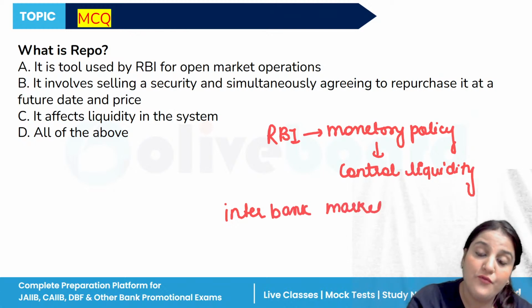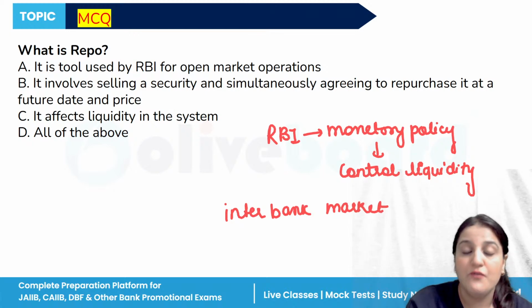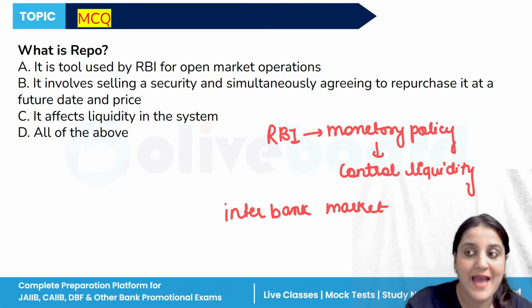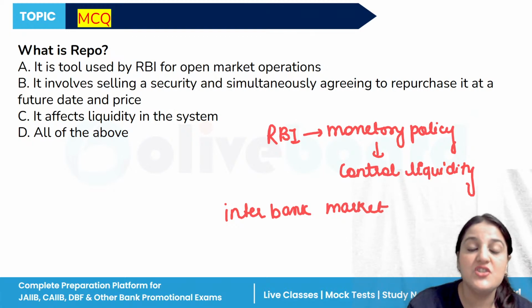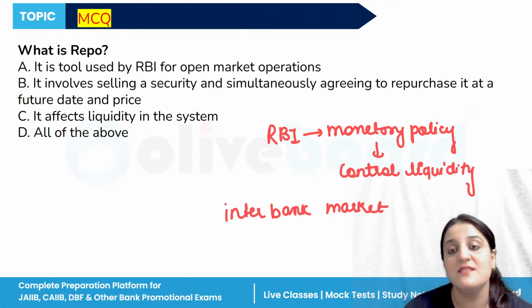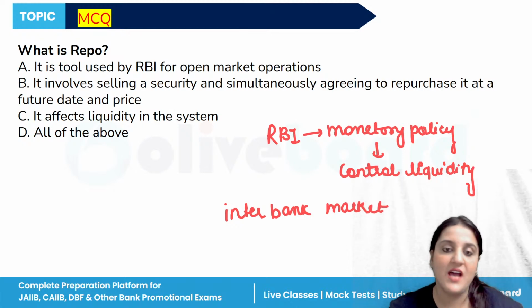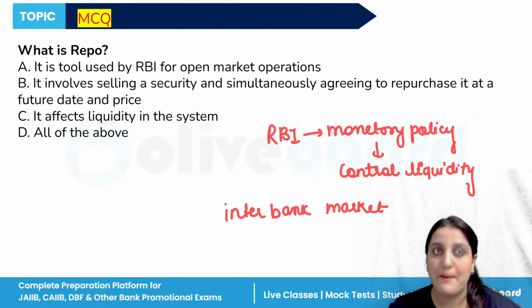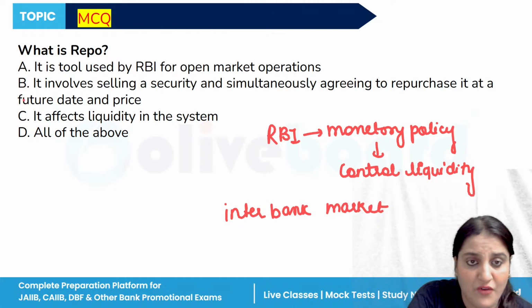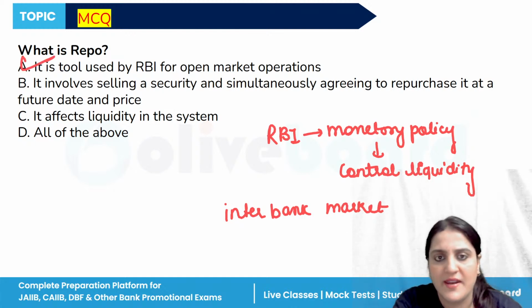Repo is one of the main instruments for liquidity management under the liquidity adjustment facility for the commercial banks. And absorption of liquidity is done through accepting funds from banks against the sale of government securities by the RBI, which is known as the repo transaction. So if you see here, it is a tool which is used by the RBI for open market operation. Yes, obviously, this option is correct here.